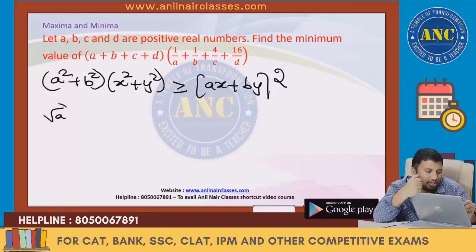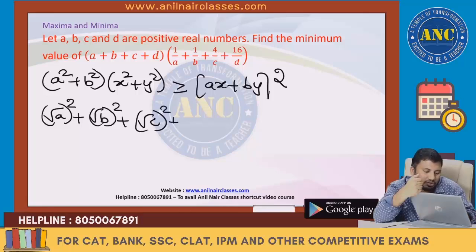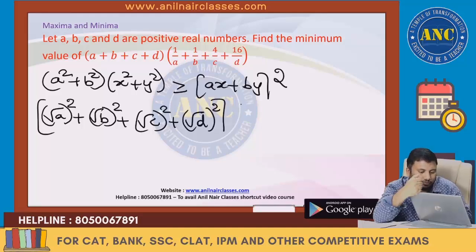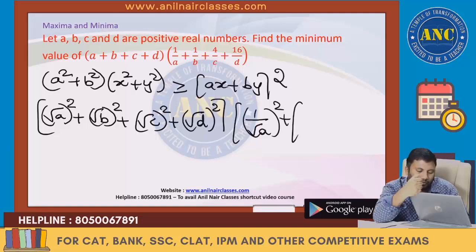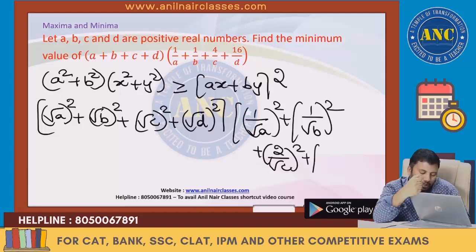So this is (root a) whole square plus (root b) whole square plus (root c) whole square plus (root d) whole square, into (1 by root a) whole square, (1 by root b) whole square, (2 by root c) whole square, (4 by root d) whole square, is greater than or equivalent to root a into 1 by root a, which is nothing but 1.